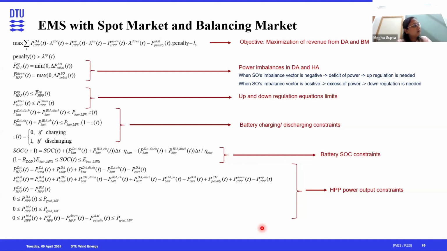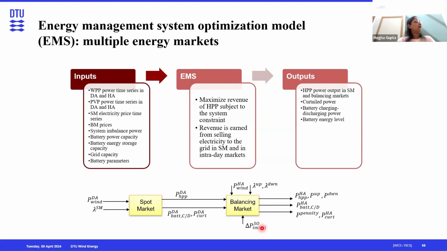You said you try to model the balancing market through inputs that are the imbalance of the system, and you're considering whether it is perfect, because then you don't have imbalance due to bad weather. No, here if you look at this, we have the wind forecast day ahead, which we assume cannot be perfect. So we are again taking a wind forecast in the hour ahead, and now we assume this wind forecast to be perfect.